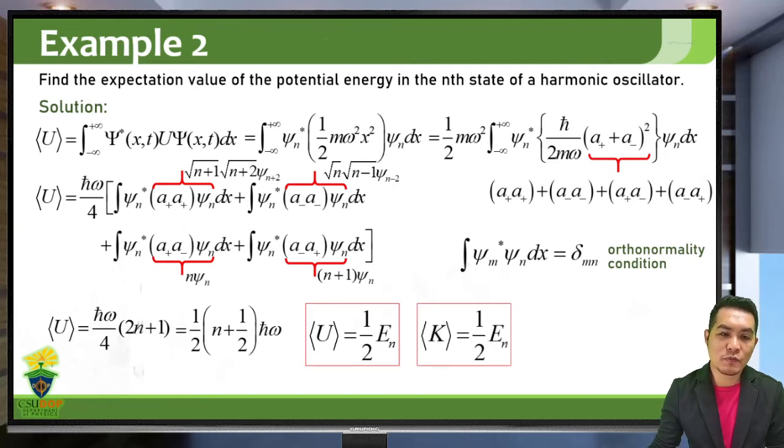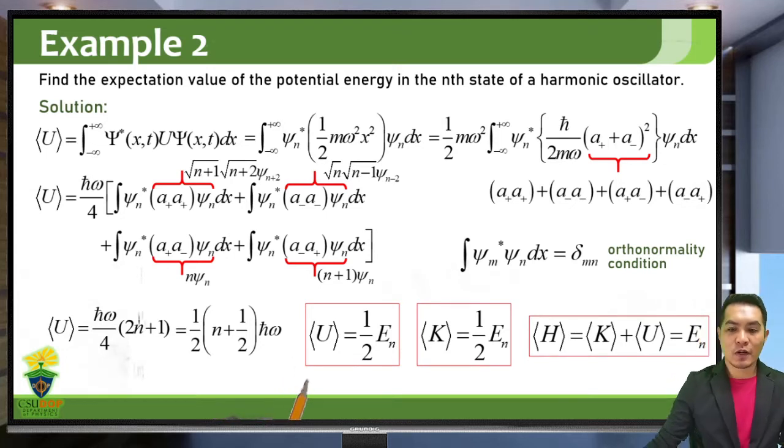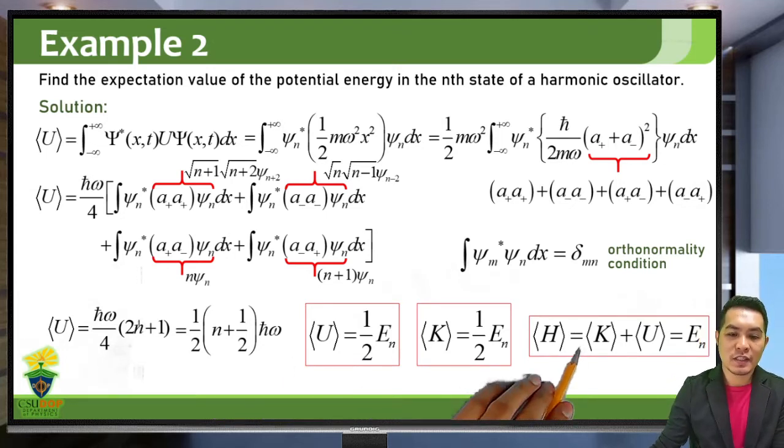I will leave it for you to explore: if you find the expectation value of the average kinetic energy, you will also get 1/2 En. And the average total energy of the particle in the nth state, which is just the kinetic energy plus potential energy, so 1/2 En plus 1/2 En, you get En.